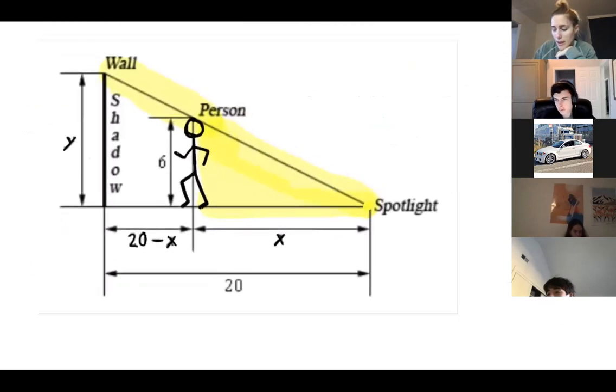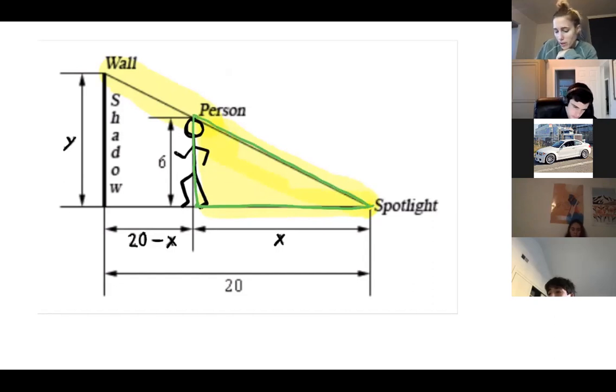notice that I can see two right triangles in this picture. There's a right triangle created from here. There's a right triangle created here with the person in the spotlight.